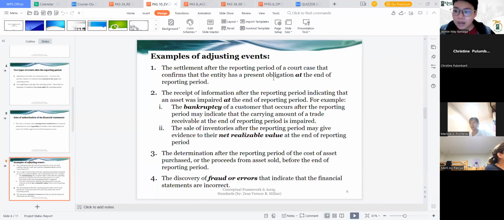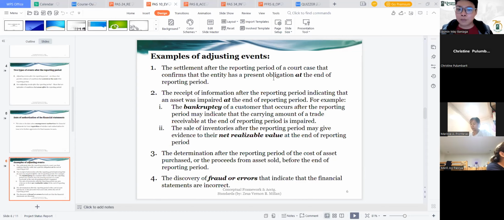And it is probable, ayan, from the previous accounting standard, it is probable that we're gonna lose the case na nag-deliver talaga tayo ng obsolete or not quality product as expected from us of the said customer. So nag-file siya ng case.